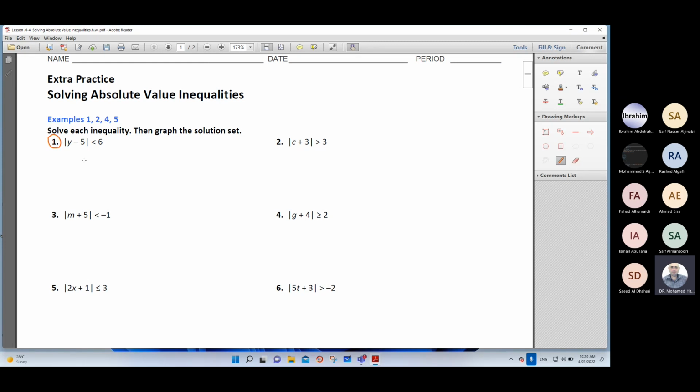Discuss two cases, non-negative and negative. If we have non-negative, write the same value, y minus 5 less than 6, then solve the inequality. If you have negative, multiply this value by negative, then write the inequality, then solve it. Then write the set of the solution, then graph the inequality.